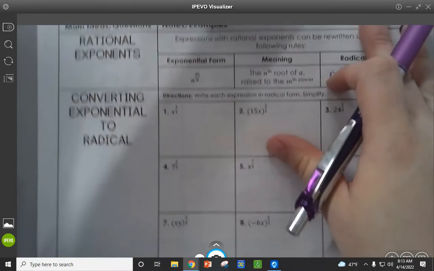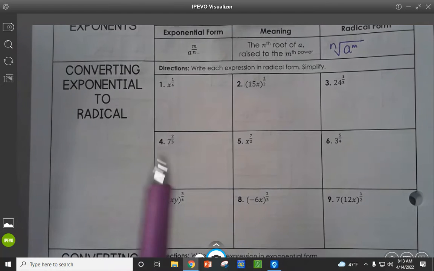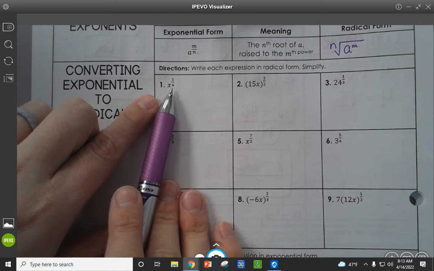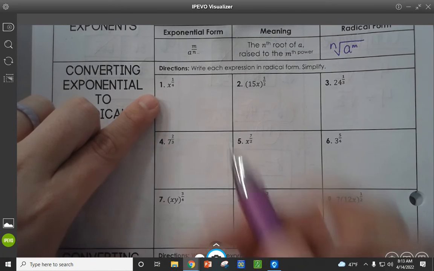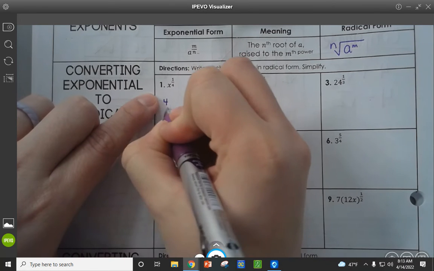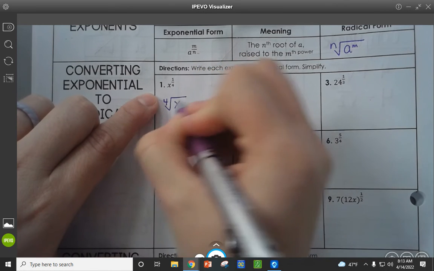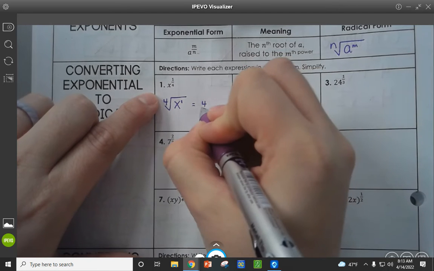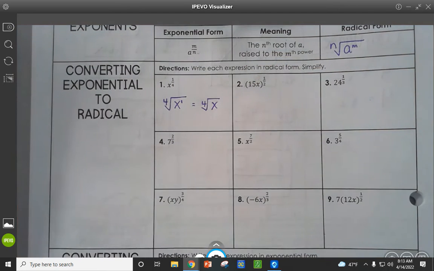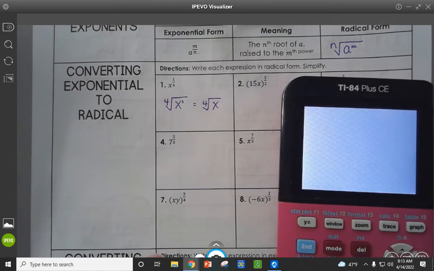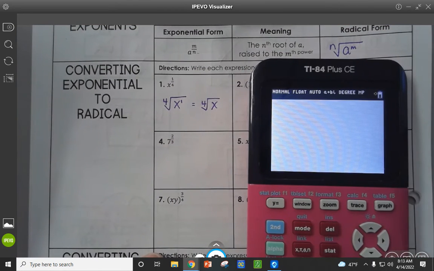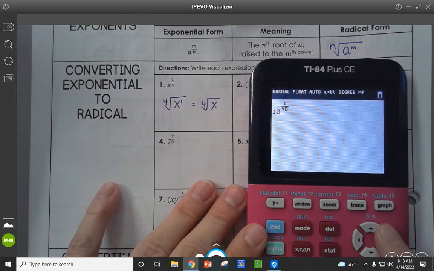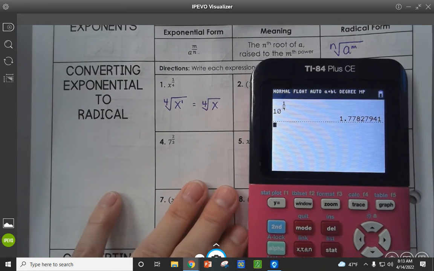So for example, number 1, I have x to the 1/4 power. That is the same thing as having the 4th root of x raised to the 1st power, which is just the 4th root of x. So if I look at that in my calculator, if I do 10 to the 1/4 power, I get that.